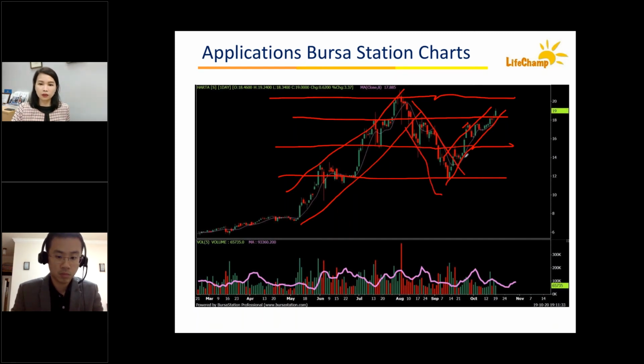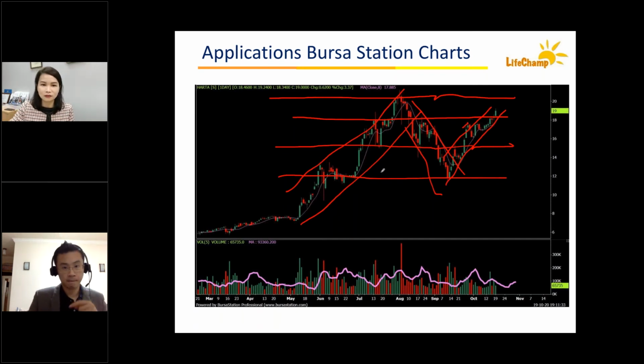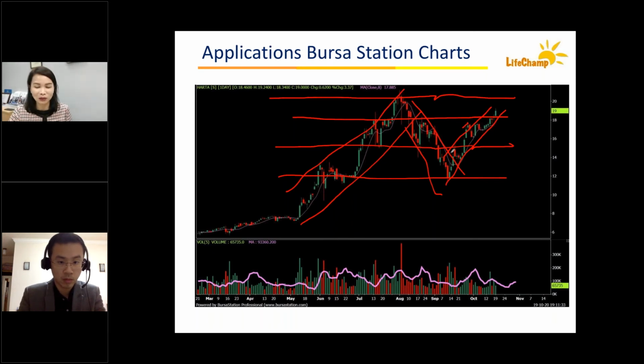So by looking at the chart, you incorporate more than just the candlestick chart pattern alone. You incorporate the volume bar, the trend line, the Fibonacci, and the time cycle. Then it's a complete technical analysis. If you know some Elliott wave, you can apply that also.